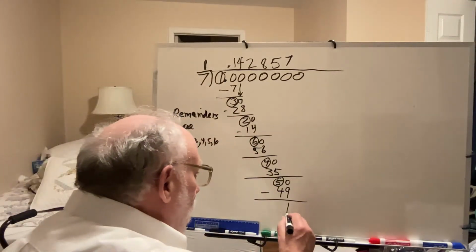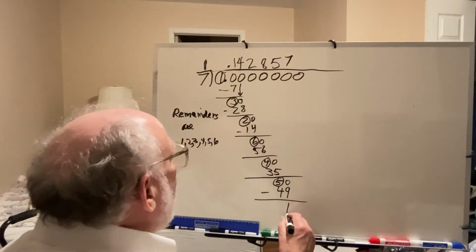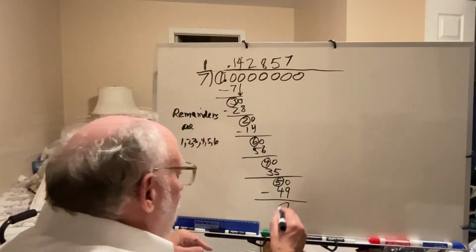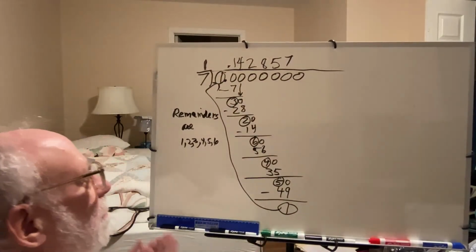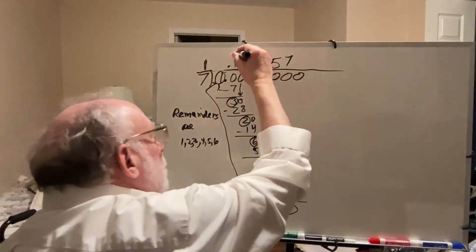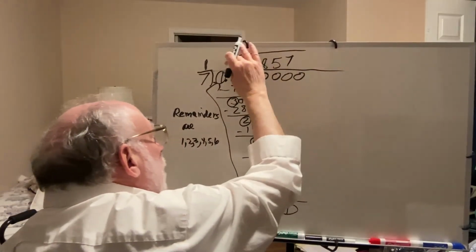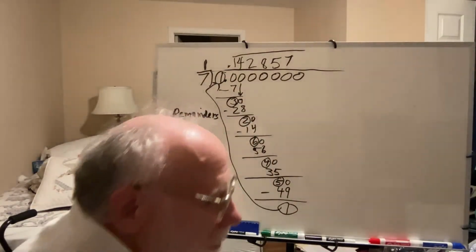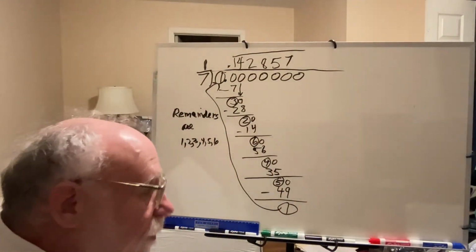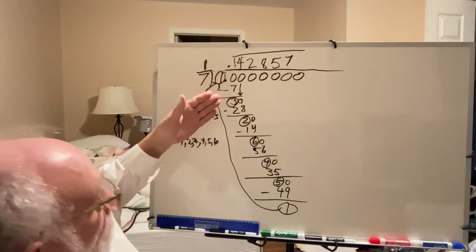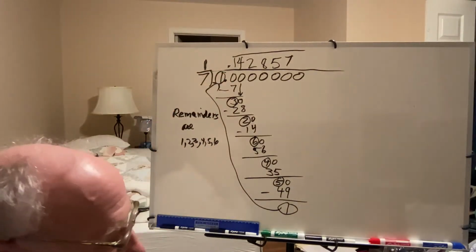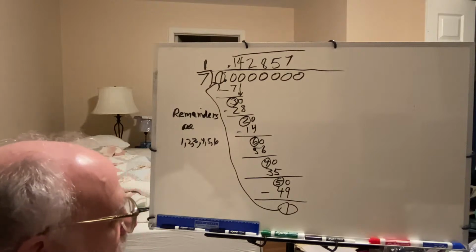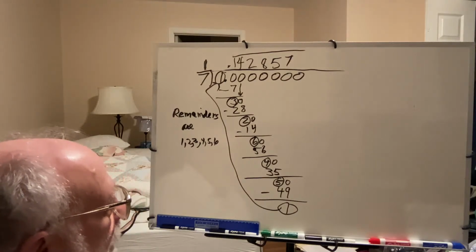This is a 1, but the 1 already came up over here. So it's 142857, 142857, 142857, and so on. This is what periodic means. The period is 6. So without defining it, I'm explaining what periodic means.